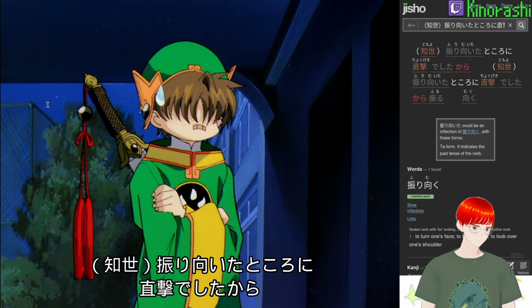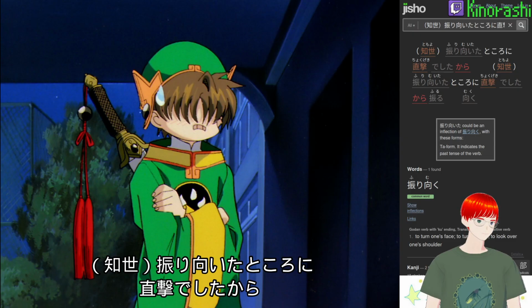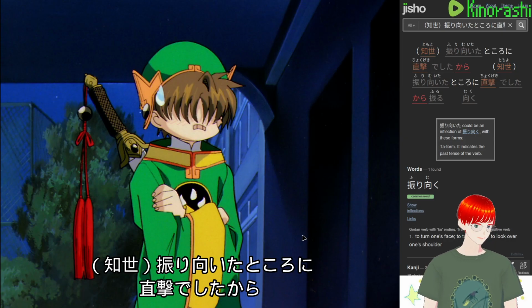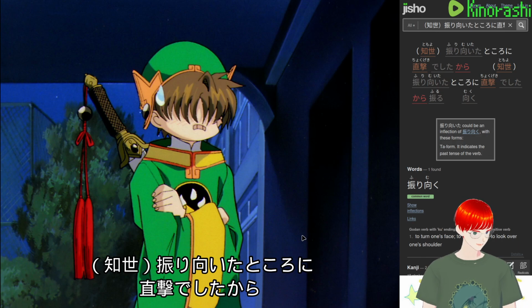Okay, so this tokoro is a place and time tokoro. So let's explain the grammar of this. To turn around, okay, tokoro, place, point, moment.